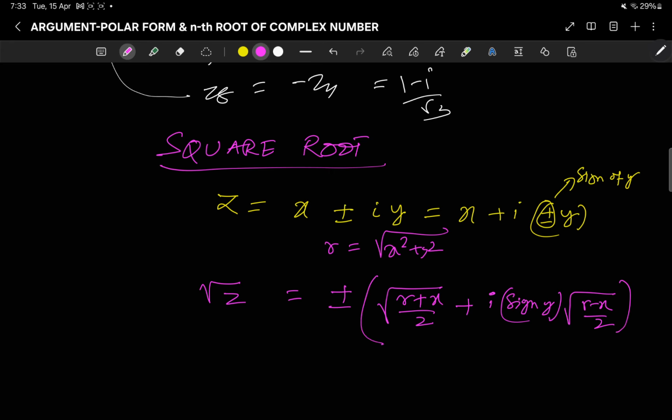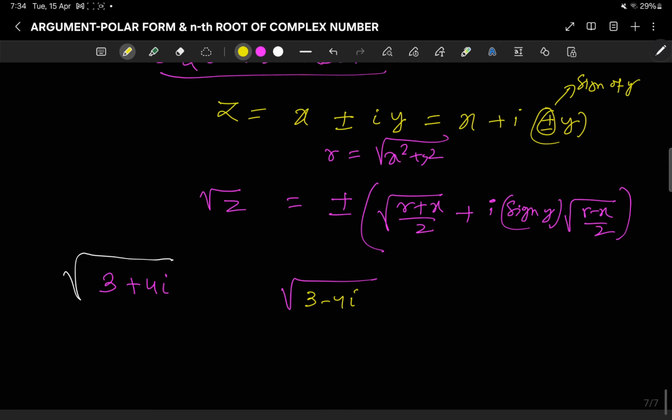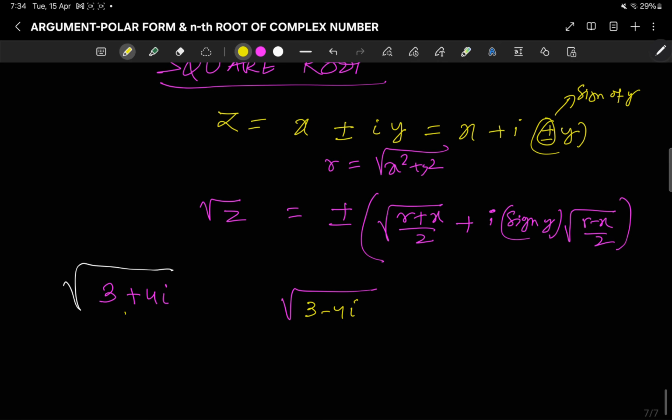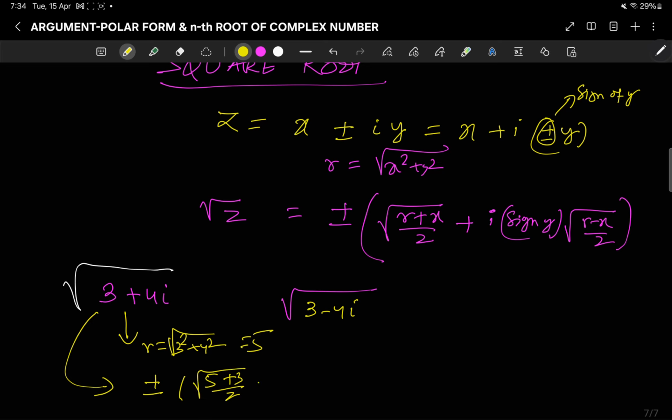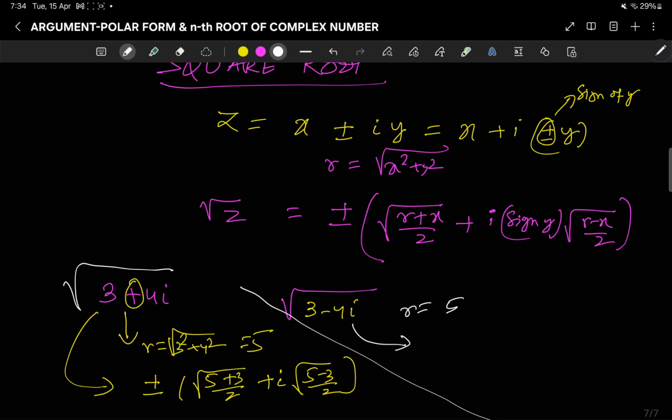For example, suppose you are asked to find the square root of 3 plus 4i. So what is r? Root over 3 square plus 4 square is 5. So what is this square root here? It is plus and minus root over 5 plus 3 by 2, and plus, this plus is here, so I write plus i root over 5 minus 3 by 2. And for the other one, r is 5 here, so this square root is plus and minus root over 5 plus 3 by 2.